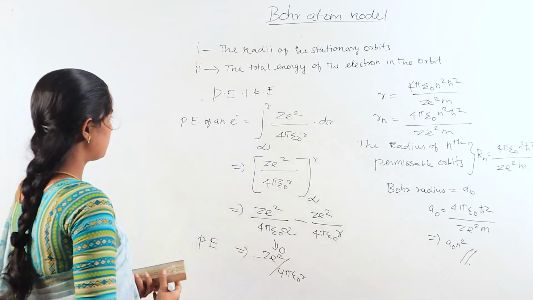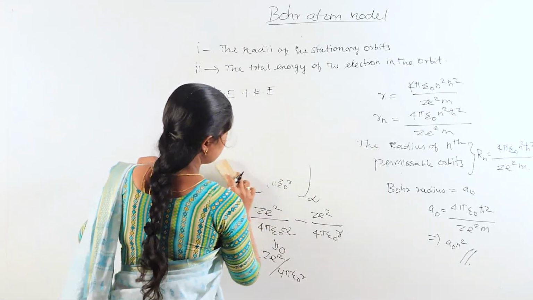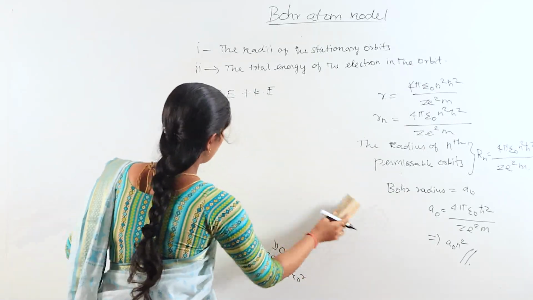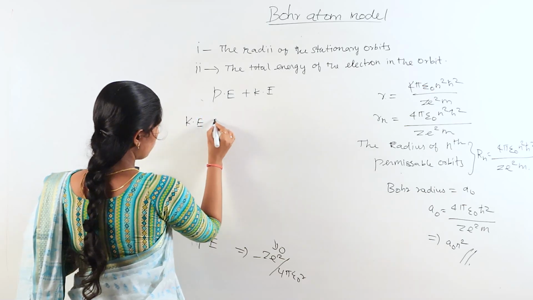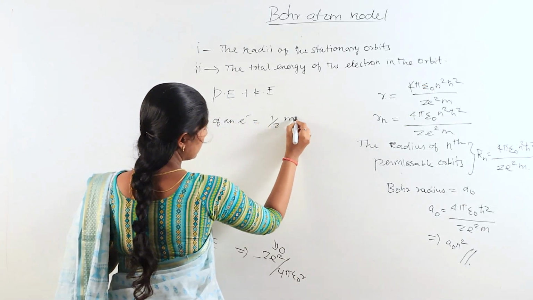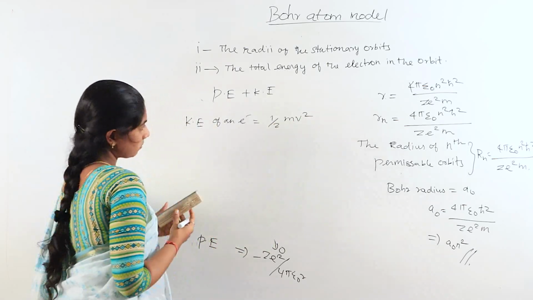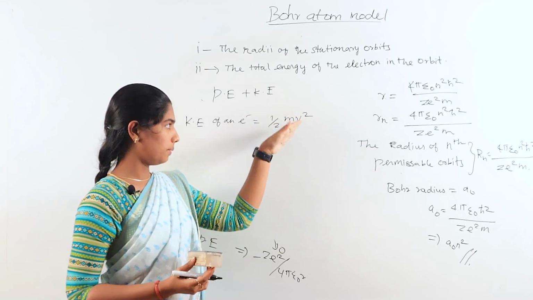Next we have to find the kinetic energy. What is the kinetic energy? We know the formula of kinetic energy: the kinetic energy of an electron is half mv squared, and the system should be stable.